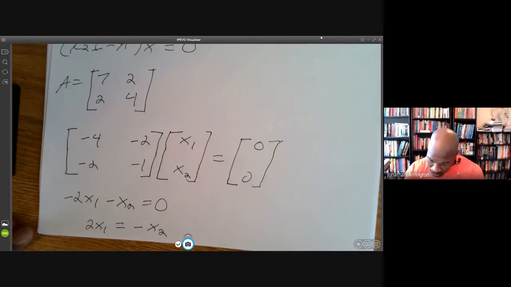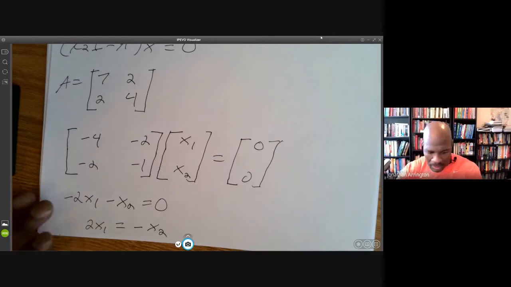So what that means is that the value of x2 is going to be twice as much as the value of x1 and the opposite sign. So somewhat of the reverse of what was in the first case, but also the additional thing is that it's going to be the opposite sign.